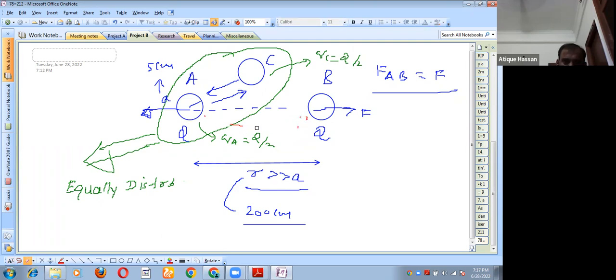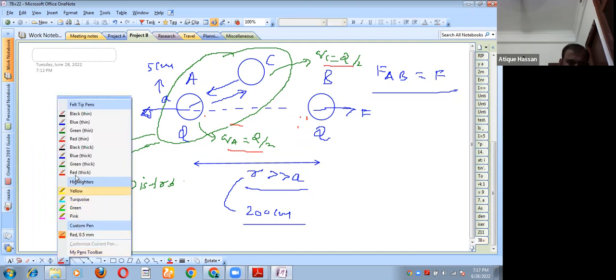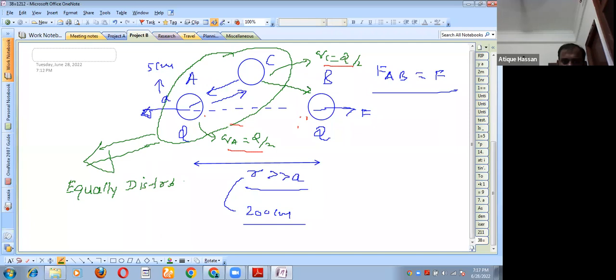Sphere C was first touched to A, so charge on A becomes Q by 2 and charge on C becomes Q by 2. Now this sphere C is again put in contact with B. So again, equal distribution of charges will take place. What will be the charge on B now? Yashika, can you guess what will be the charge on B?